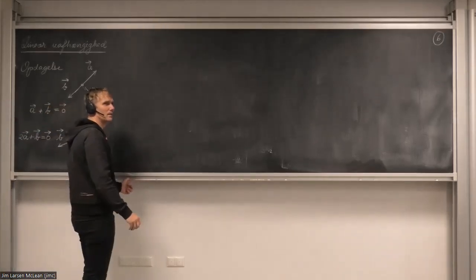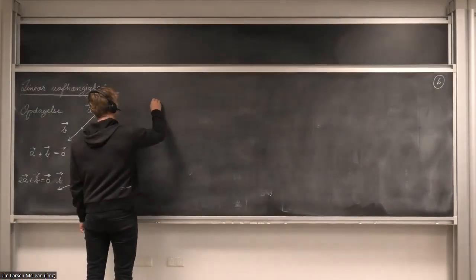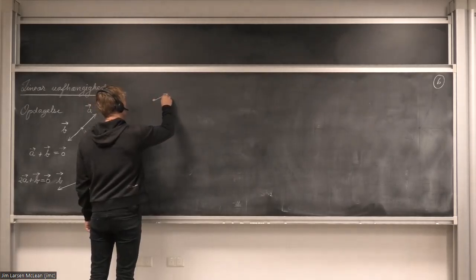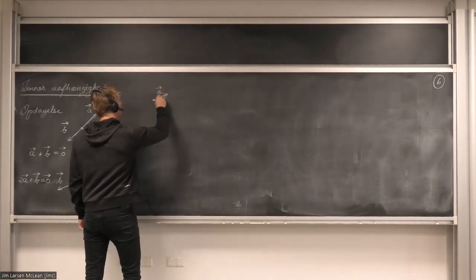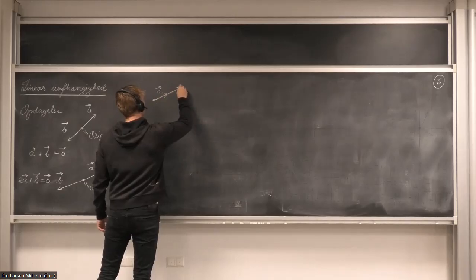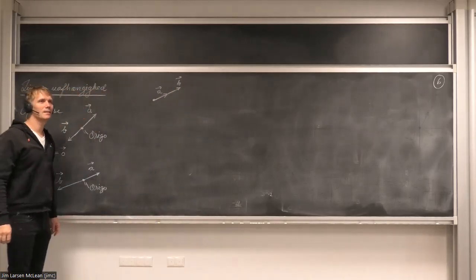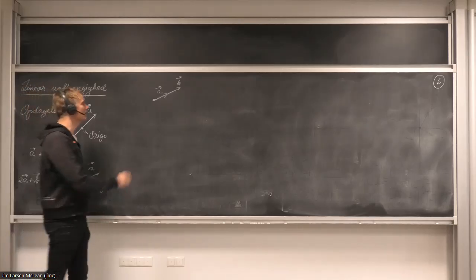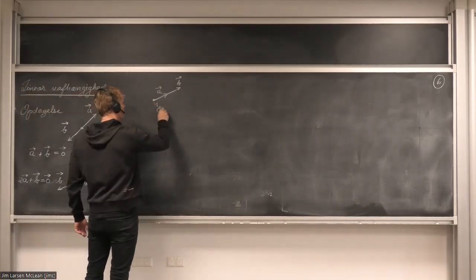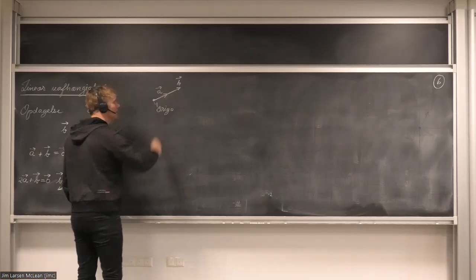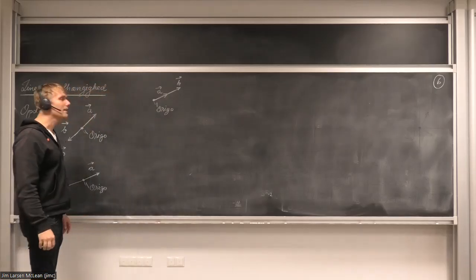Here comes the next example. Here lies the origin. Here lies vector A. And here is vector B, and B is exactly twice as long as A, but aligned in the opposite direction. Can we now create the zero vector by combining A and B? Yes, we can do that.